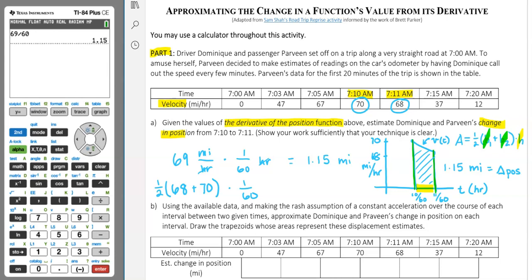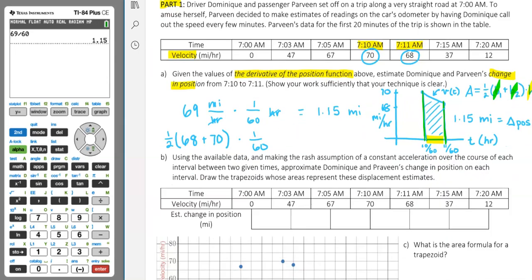That is, on each of the time intervals between which we know speeds, we will assume a constant acceleration and then look at the area of the trapezoid. And by adding up all those individual trapezoid areas on each subinterval, we can come up with an estimate for the total change in their position.